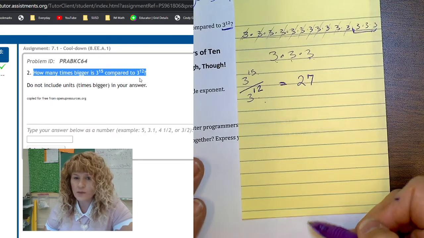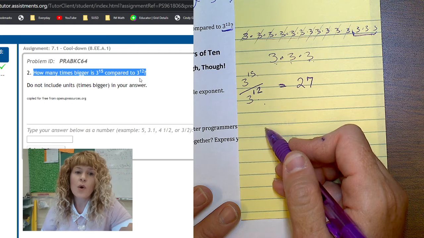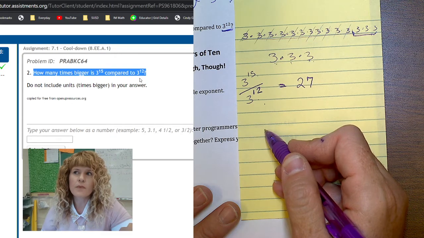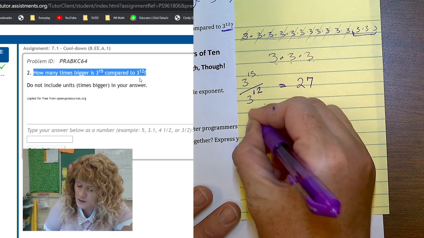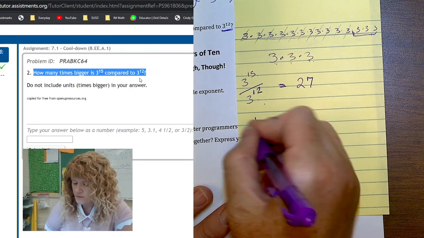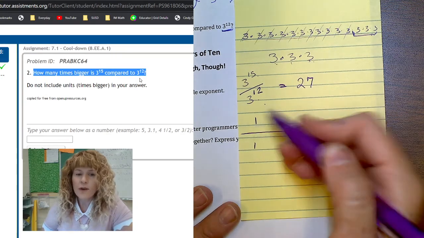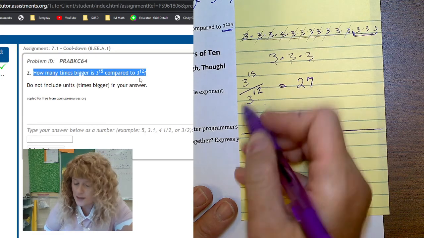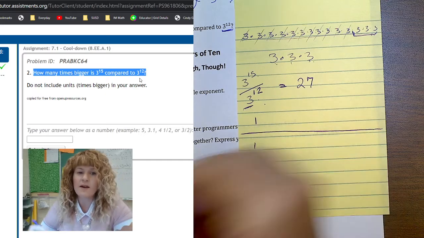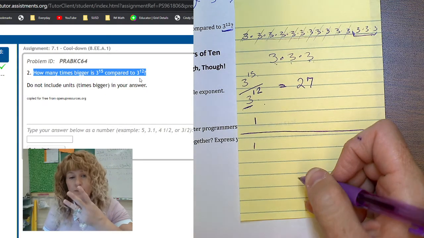I think an easier way to prove this is just by starting with the number 1. Okay, so I'm going to start with the number 1, and I'm going to make 2 tables. When you have a base 3, like this, it means every exponent you multiply by another 3. It's tripling.